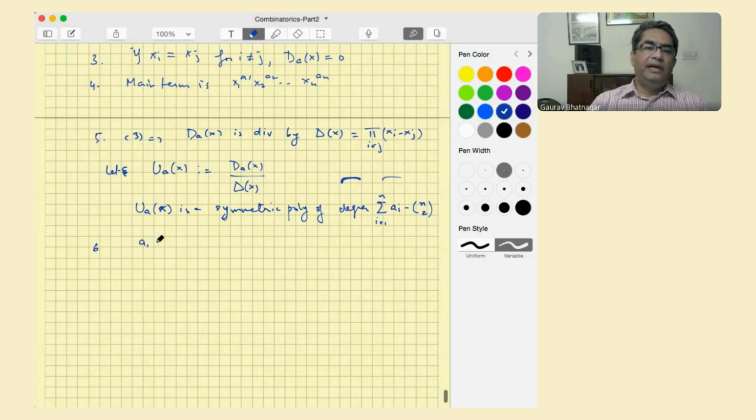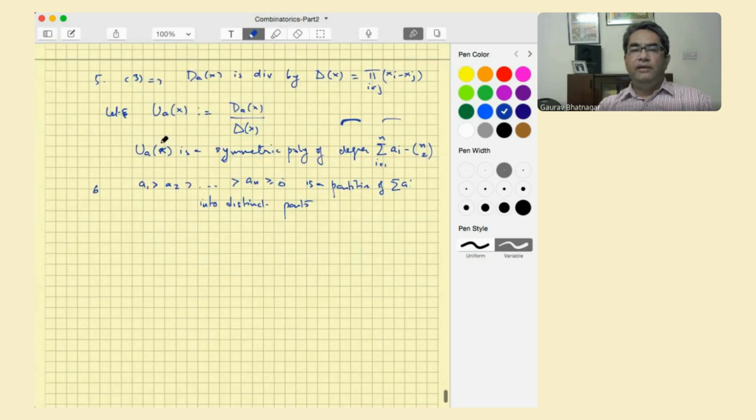Okay, and now, we took a1 bigger than a2, so on up till an. This is a partition of summation ai into distinct parts. But somehow we want to associate this kind of symmetric function with a partition.